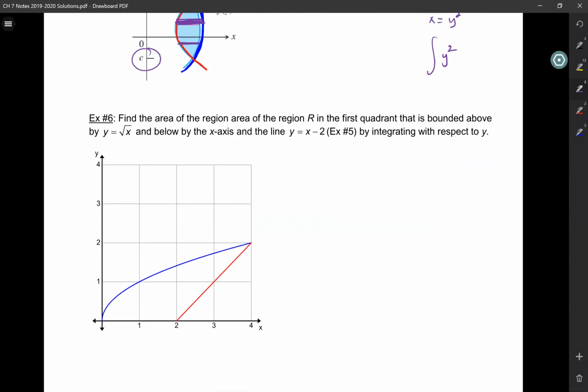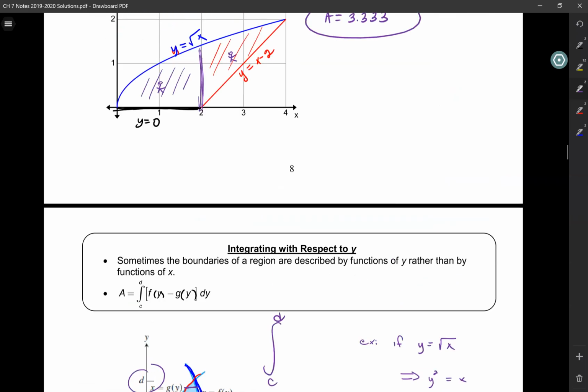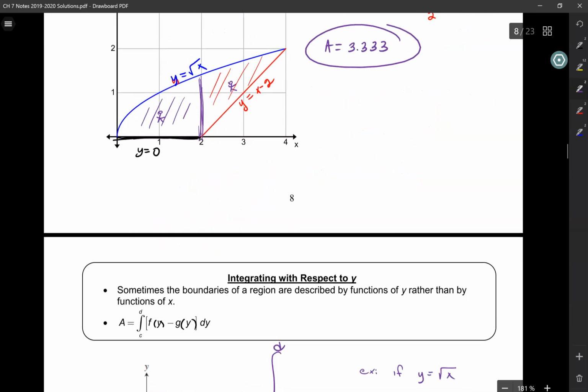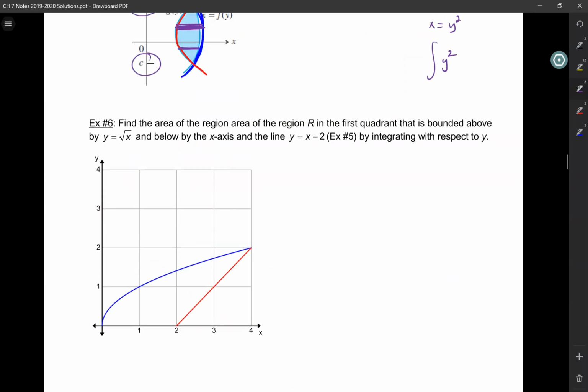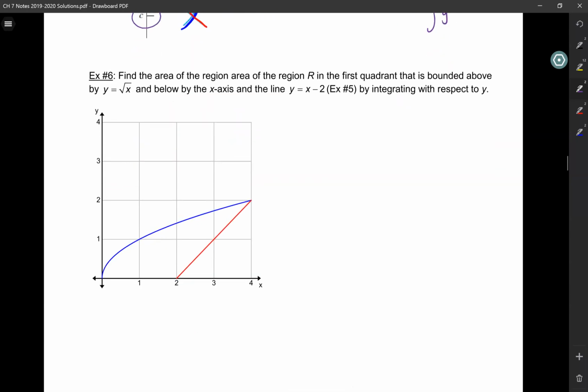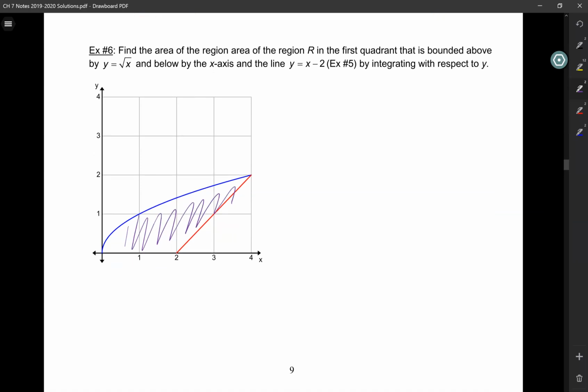Let's take a look at that same example that we just did, this same controversial example. Let's do it again now. We're going to integrate that same function, but now I still want to find this region R. If I look at this horizontal line, to the left I have y equals root x.